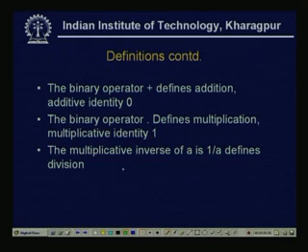Now, if we take one element A on S, then the inverse of A is 1 by A, and if the operator is dot, then A dot 1 by A equals 1, because as I already mentioned the multiplicative identity is 1, so we can define 1 by A as the inverse of A, which defines the division actually.